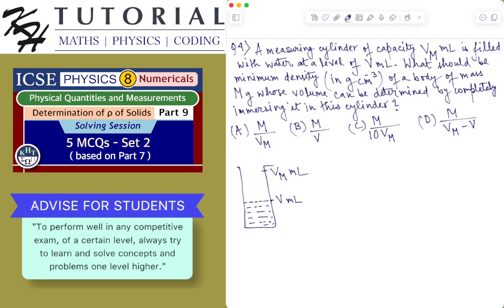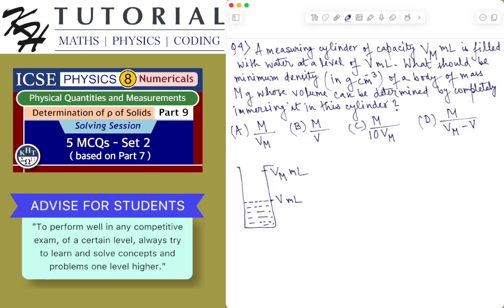The mass of the body is given as M gram.